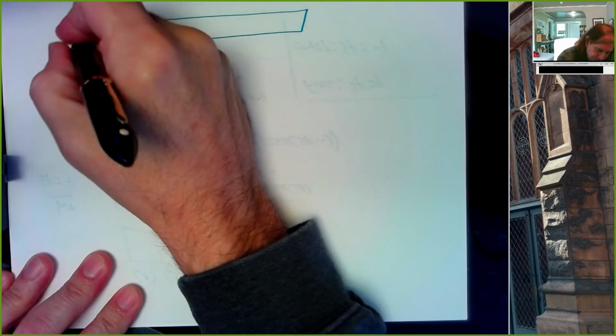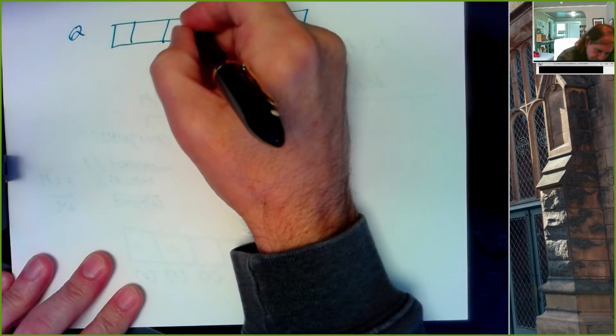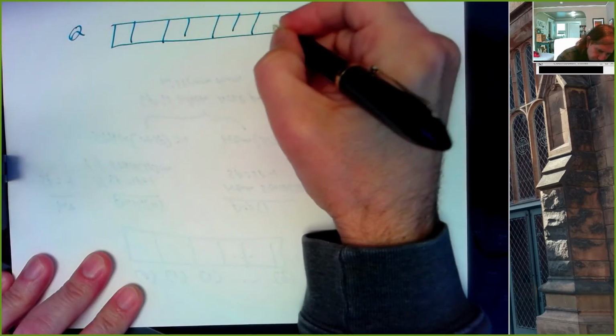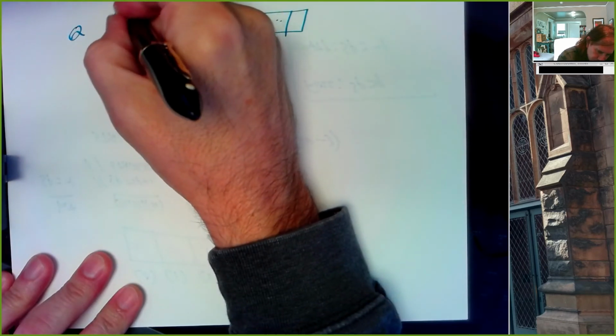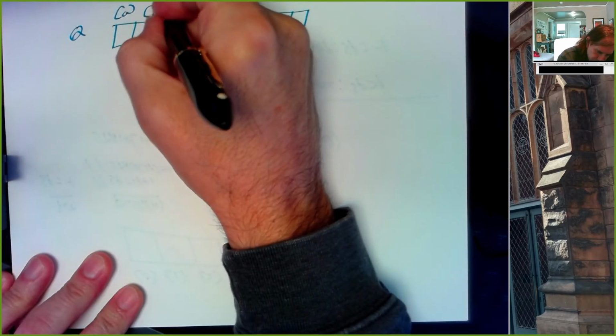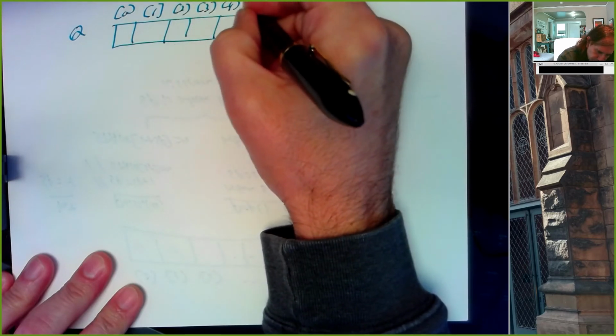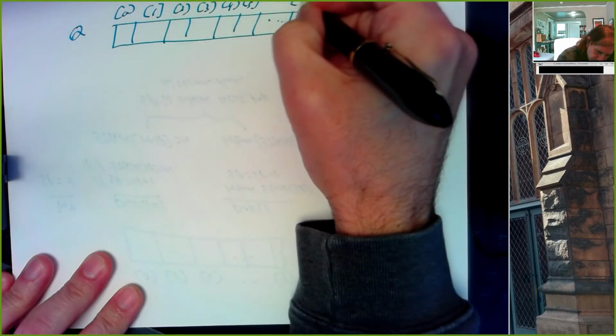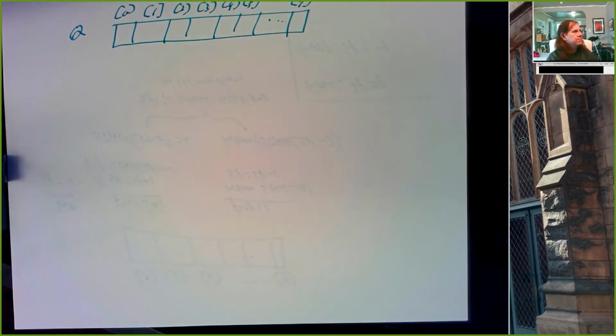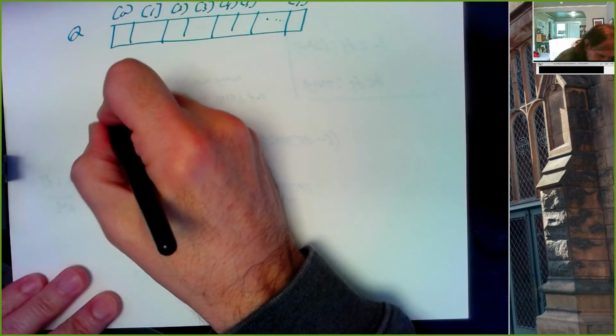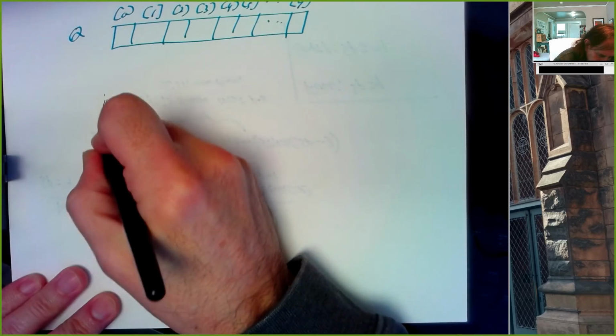So here's our queue. Here's some elements. And remember our two operations. We have an insert and we have a remove.